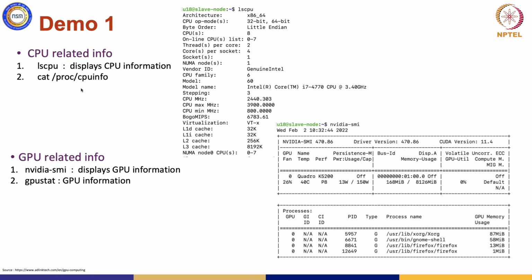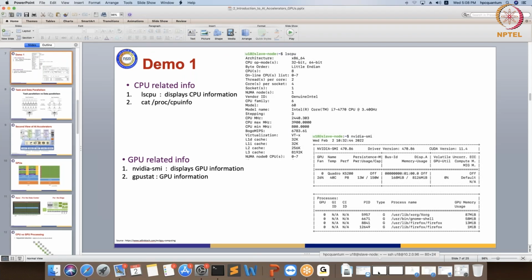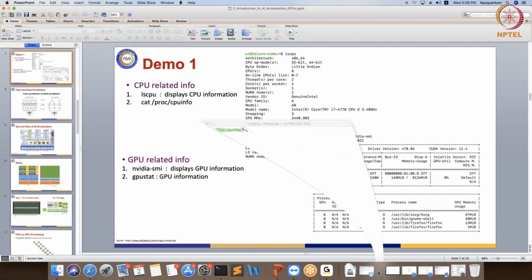Similarly, the nvidia-smi command displays the GPU information, and you have gpustat, which gives a bit better information also. So let us try to do this hands-on at 3 different places. I'll just go to those places and see.